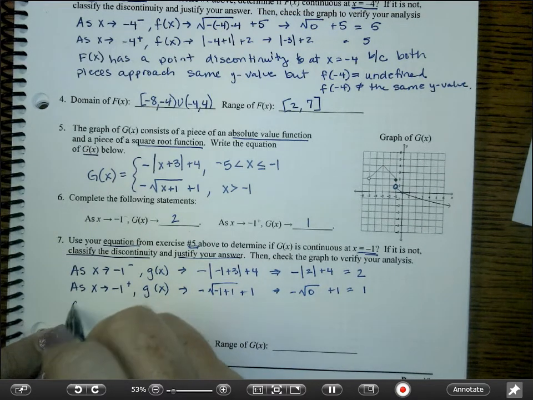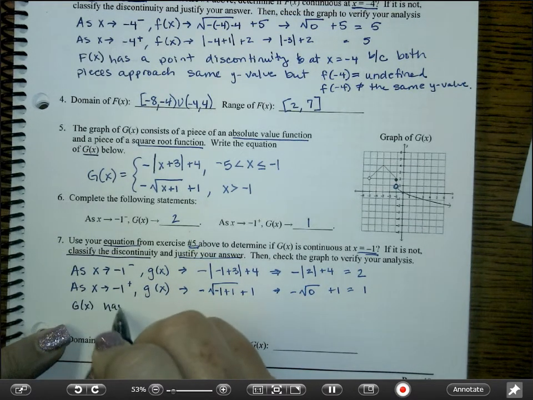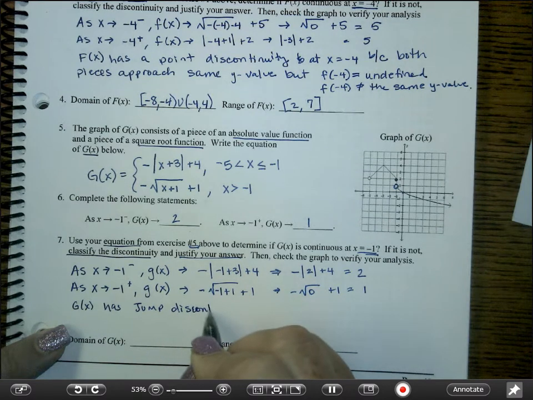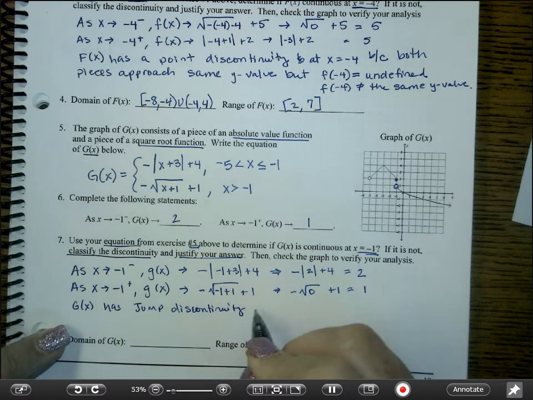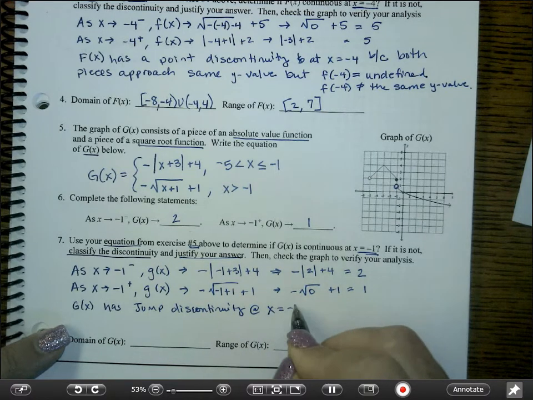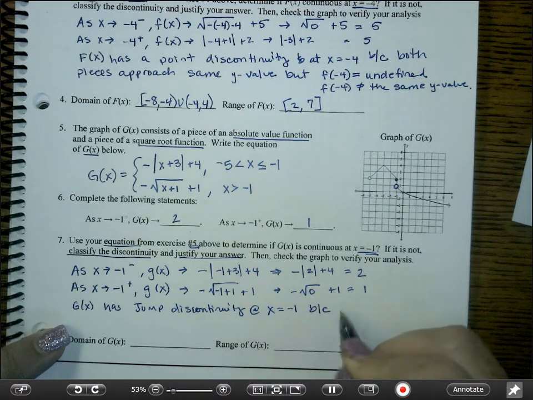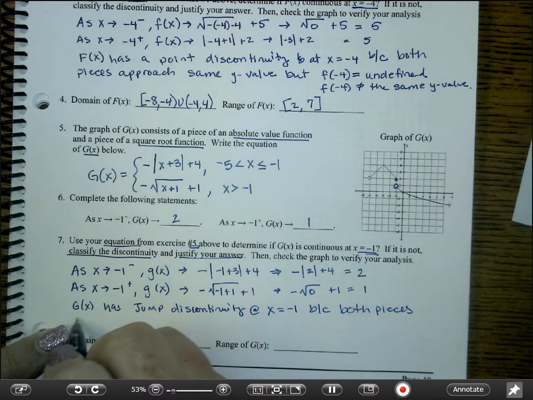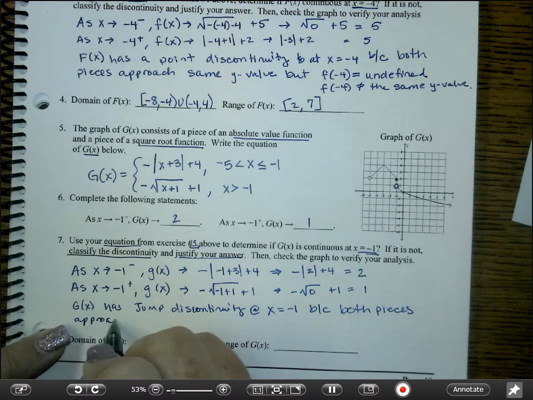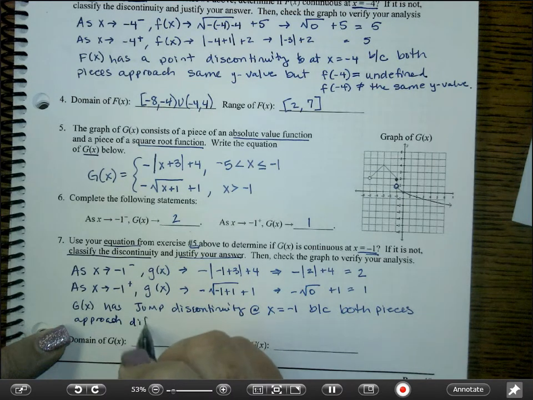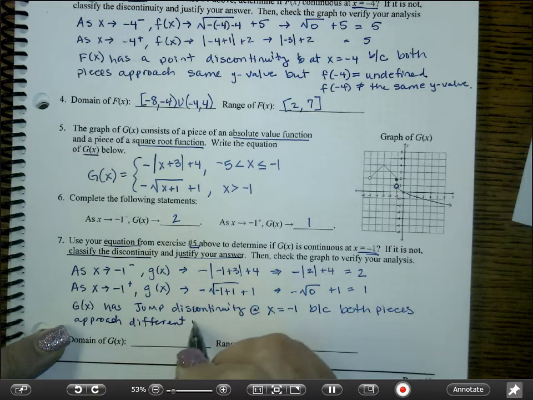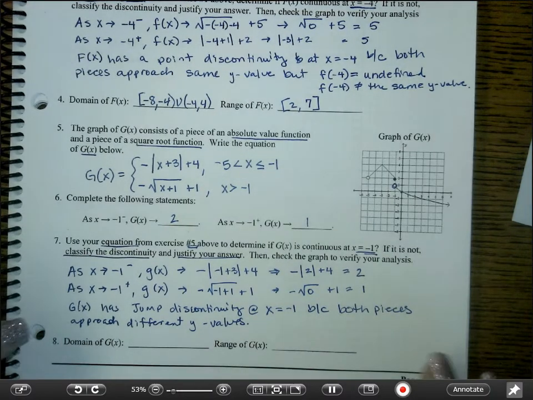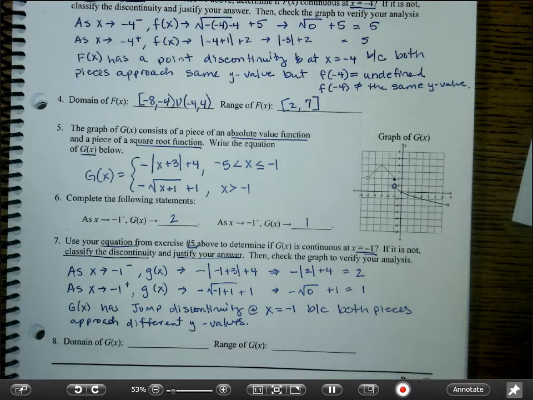So g of x has jump discontinuity at x equals negative 1 because both pieces approach different y values. Okay, so as soon as they approach different y values, it doesn't even matter if one's defined or not.